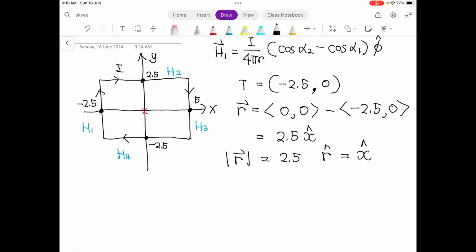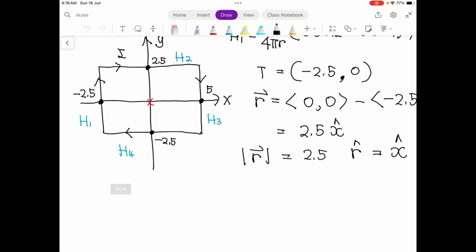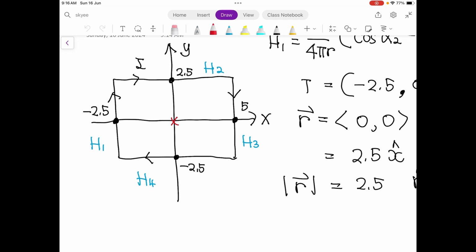Okay, so next will be alpha 2 and alpha 1. We join the end of the line to the observation point. So this one will be alpha 2, and this one will be alpha 1. This is point A, and this is point B. The lengths we know, right?